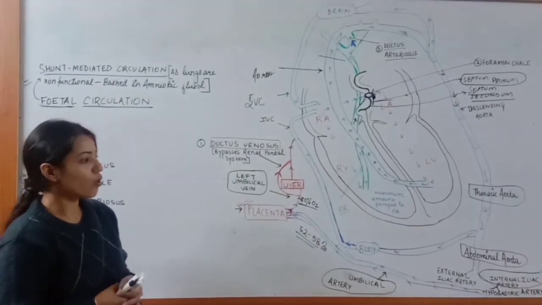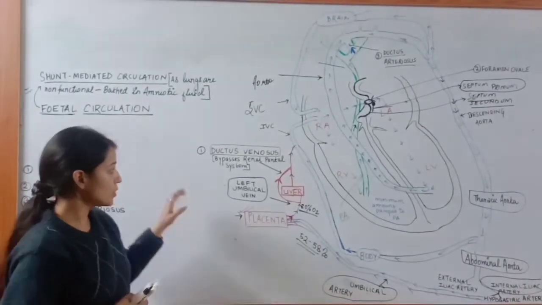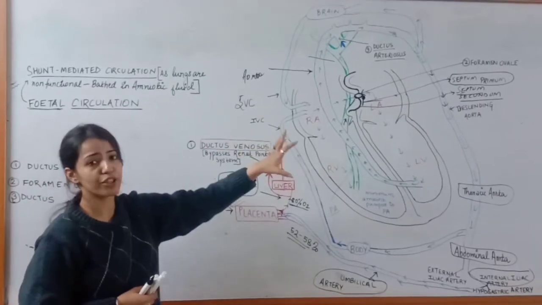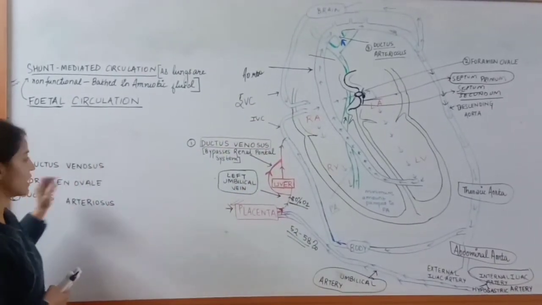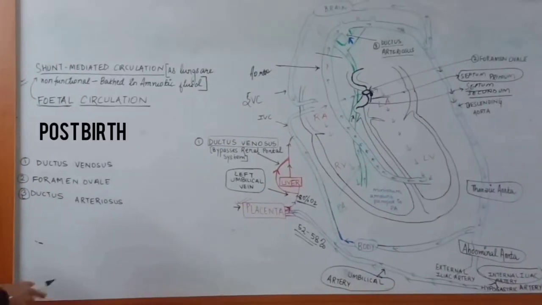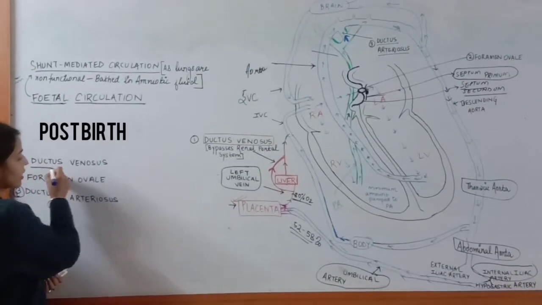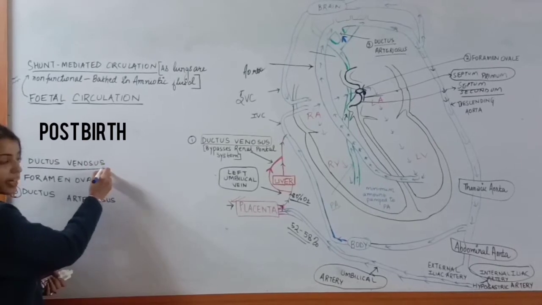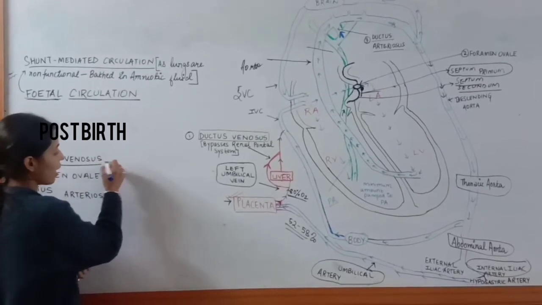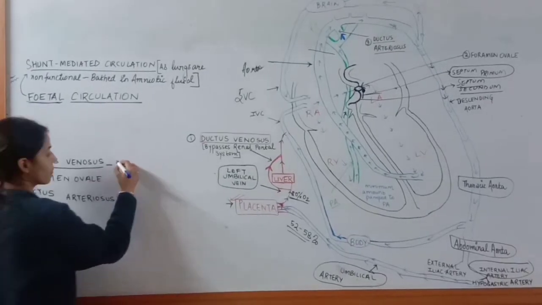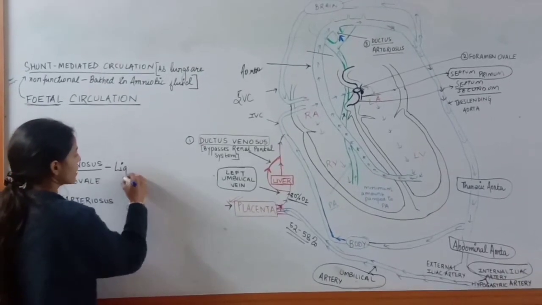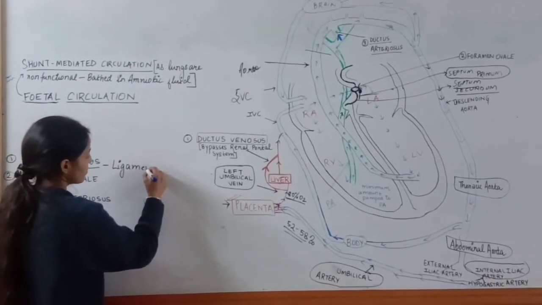Fine. So after birth, what happens to these three shunts? To these three different shunts which we have seen in the fetal system. So you can see the first one is ductus venosus, right? So ductus venosus after birth changes into ligamentum venosum.